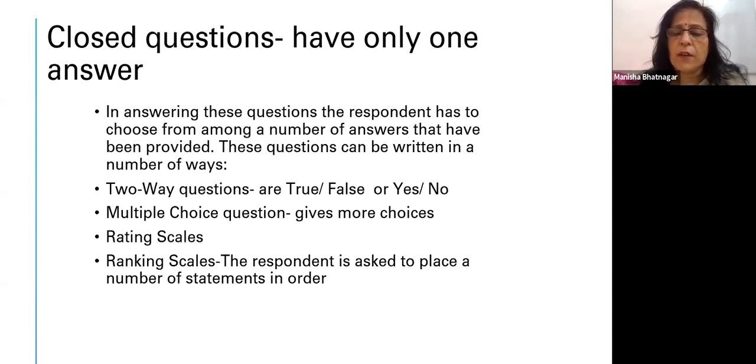Then we have something called rating scales. It gives more freedom. Although it is still a closed questionnaire, it gives you a lot of freedom. So we'll talk about these two: rating scales and ranking scales. In ranking scales, every item is given a rank. There are a number of statements, and the respondent has to place a number, according to which he thinks is the priority or more important.